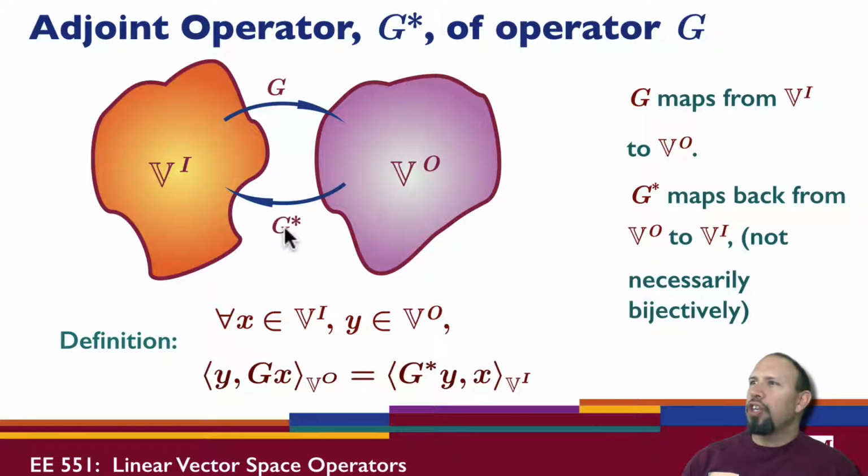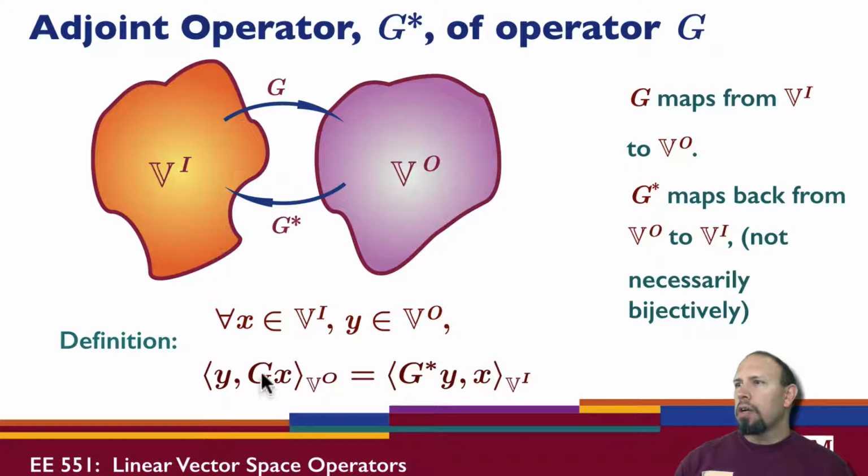So how is the adjoint defined then? It's defined by an inner product. You need to have an inner product in order to define the adjoint operator. So here's how it's defined. Remember, you have an input space and an output space. X is in the input space, Y is in the output space.